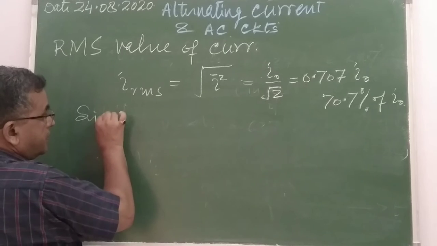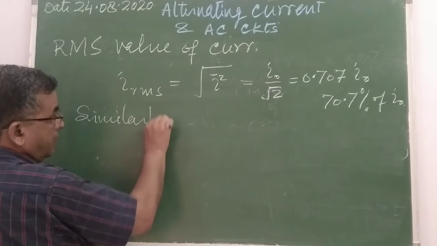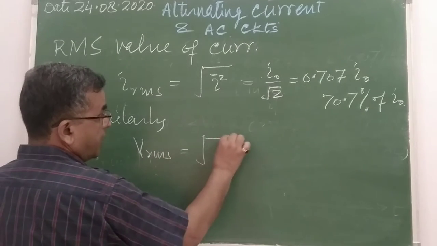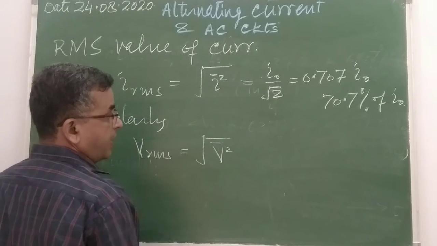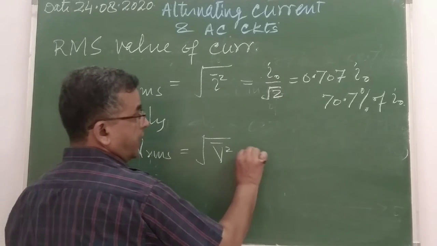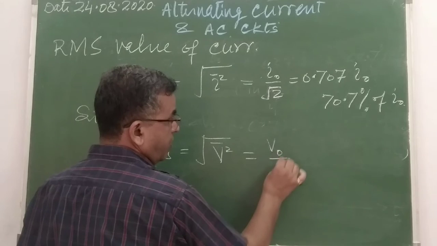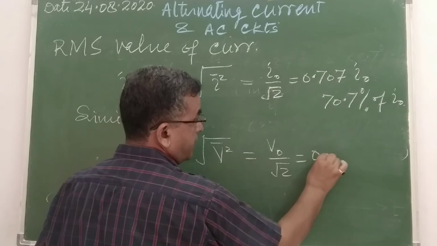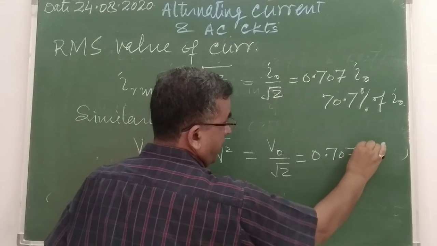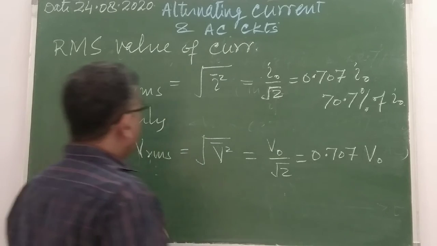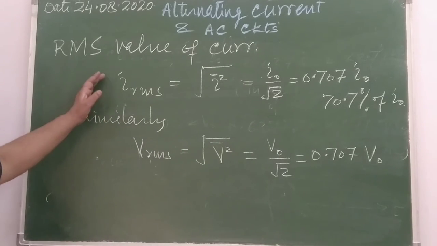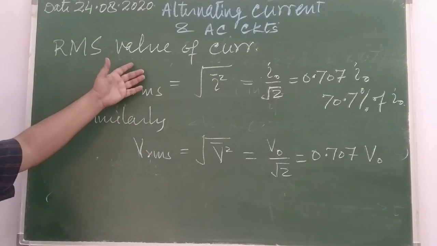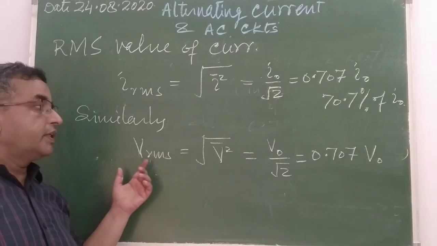Similarly, V RMS, the square root of mean of square of AC voltage, has the value V naught upon root 2, or 0.707 V naught. We gave the proof in the previous lecture, how to derive I RMS. Similarly we can derive the RMS value of voltage.